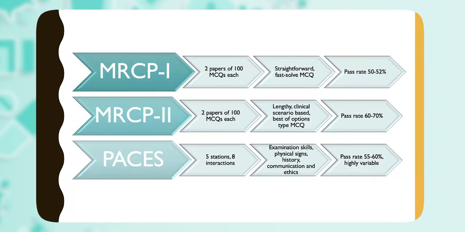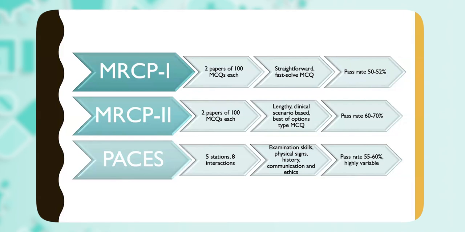MRCP Part 2, as I understand, is slightly more difficult because it has clinical scenario based questions. And the options of the MCQs are more like best of five or best of four options. Not all of the options might be wrong, but there will be one best choice which you'll have to select.